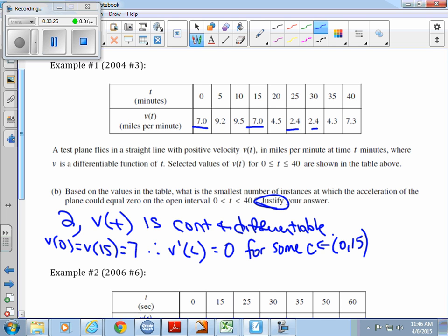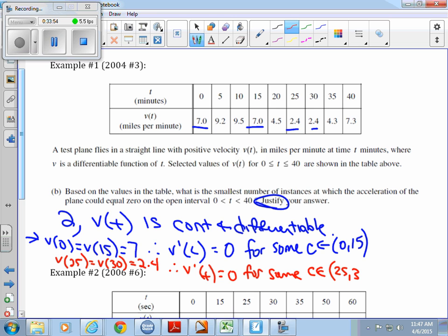Am I done? No. But all I have to do is sentence it again, right? Except I will say V of 25 equals V of 30 equals 2.4. Therefore, the AP reader is going to want to know, how do I know that?